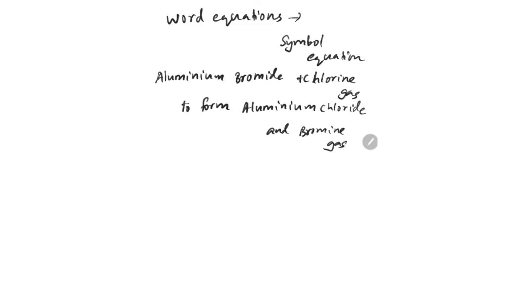If this is a question, at first you have to frame the formulas of each compound. Aluminum bromide, as we know, is AlBr3, plus chlorine gas, so it's Cl2. Aluminum chloride, AlCl3, plus bromine gas, Br2.